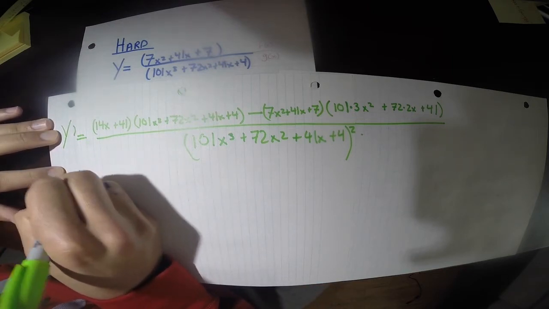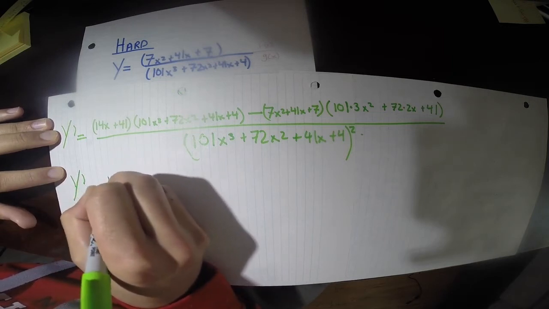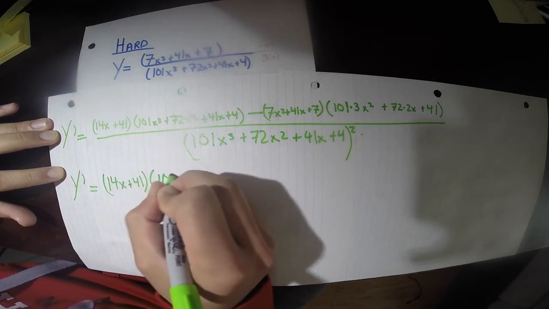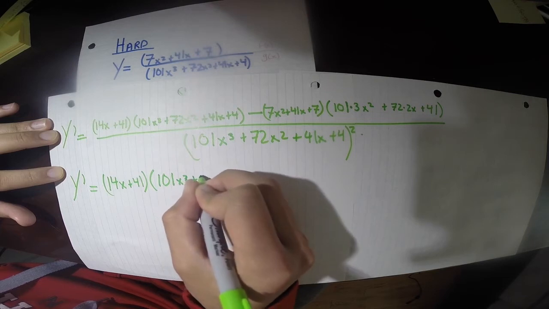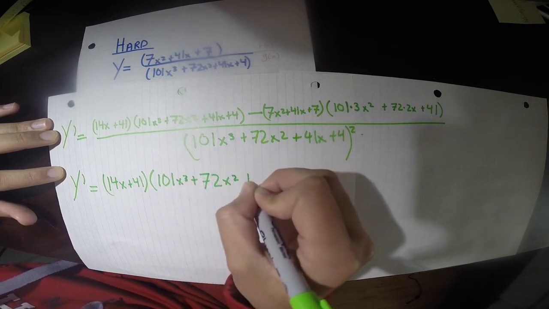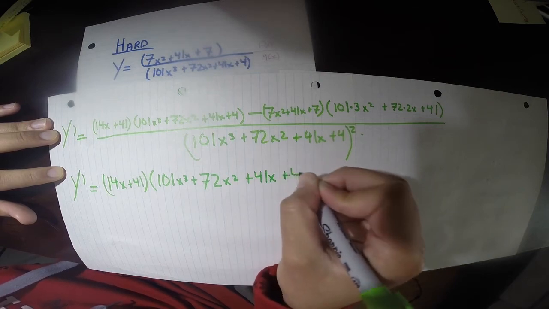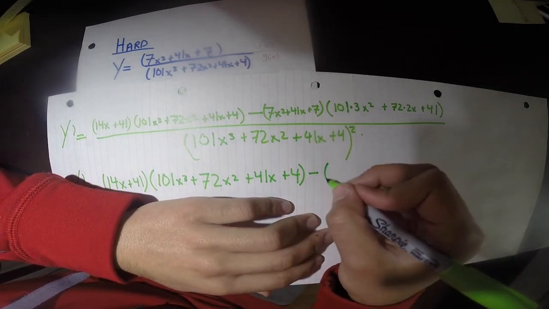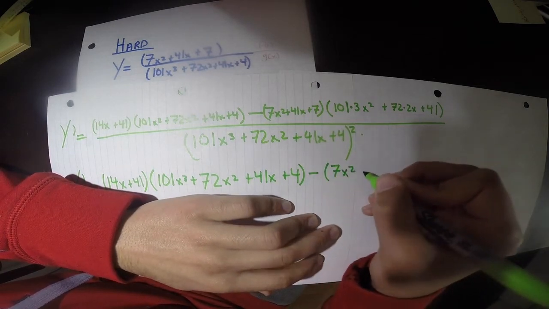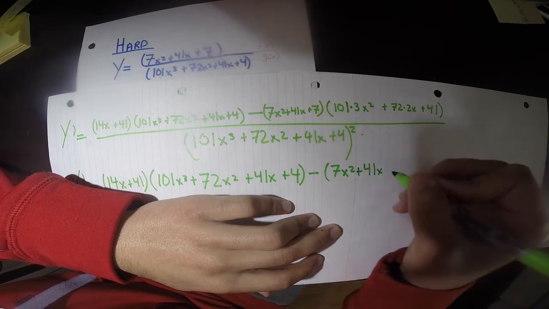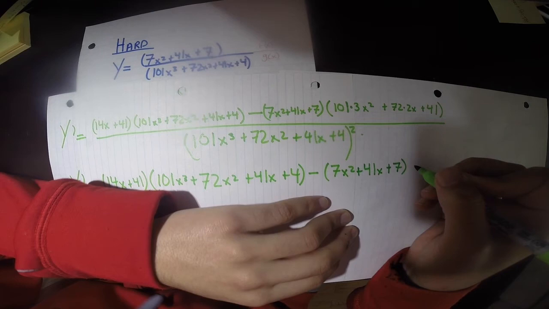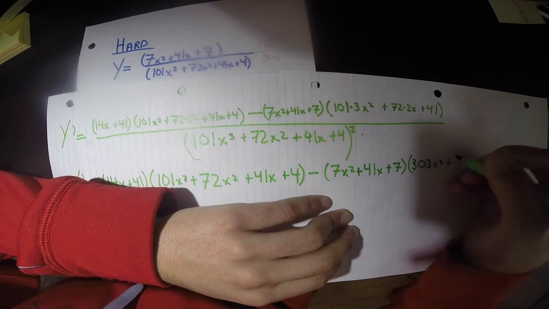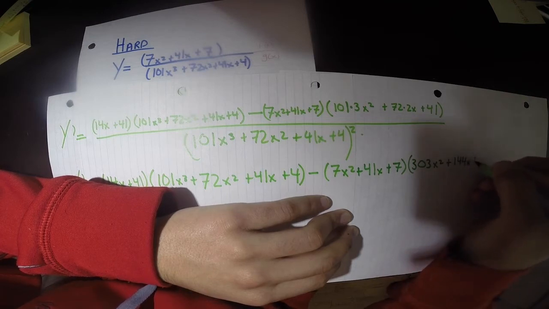Should be 14x plus 41. Keep the same. 101x cubed plus 72x squared plus 41x plus 4, minus 7x squared plus 41x plus 7, times 303, because 101 times 3 is 303, x squared plus 72 times 2, which is 144, x plus 41.